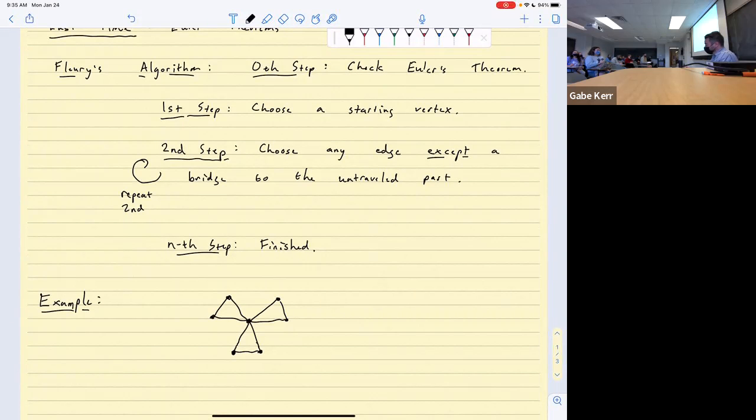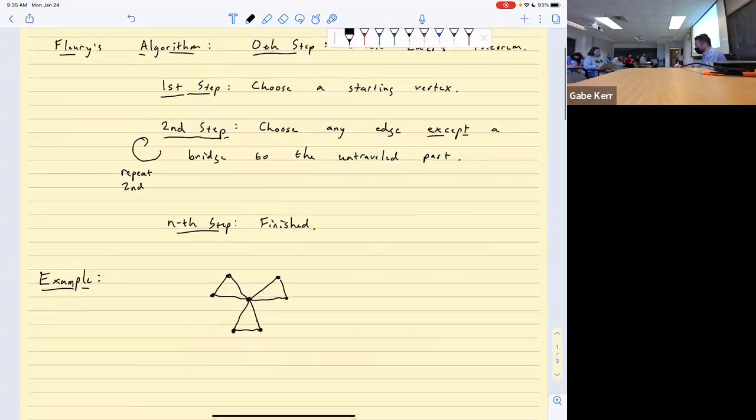This is my graph. So who can tell me whether I'm successful at completing the 0th step? Yeah, Euler circuit. Right, very good.